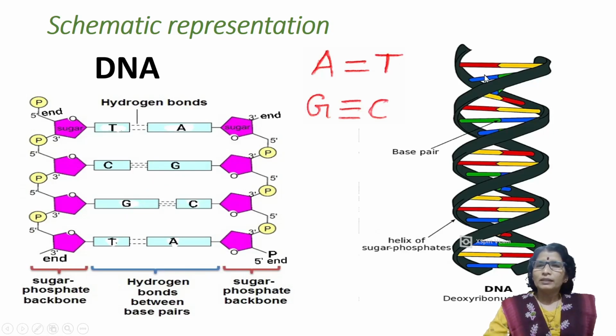In this way, for example, in DNA two strands are present. In one strand, if the number of adenine is 100, automatically in the other strand the number of thymine is 100. For example, if the number of guanine is 75, automatically the number of cytosine is also 75. Like this, between adenine and thymine and between guanine and cytosine, the ratio is exactly equal.